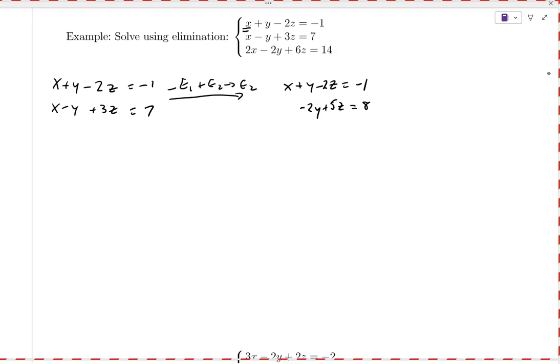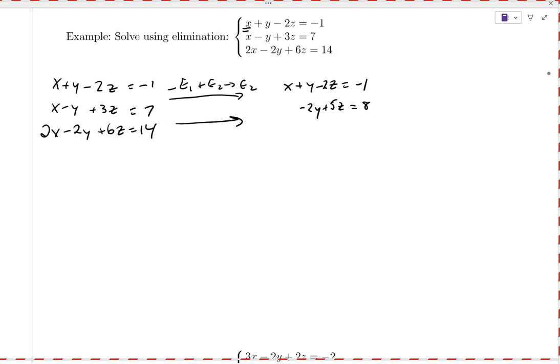Okay. Now to save some writing, I'm going to go ahead and put this third equation in the same spot. And now again, I want to work off of the first equation and get rid of this 2x. This is what that elimination process is.